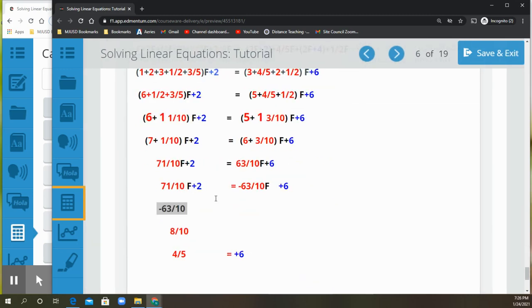Then we reduce that down to 4/5. It's simple, divide it by 2. 8/10 is the same as 4/5.